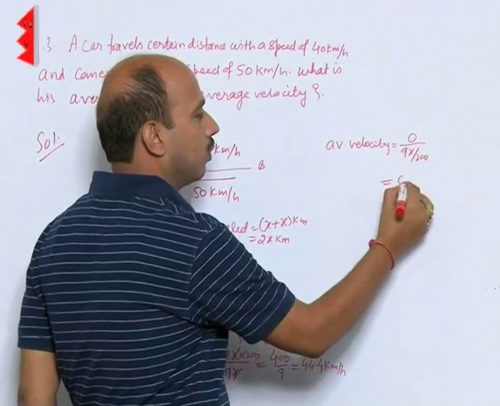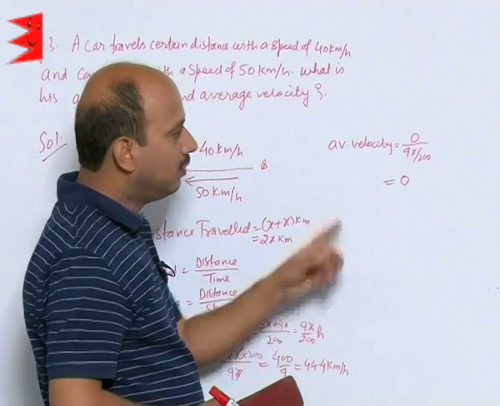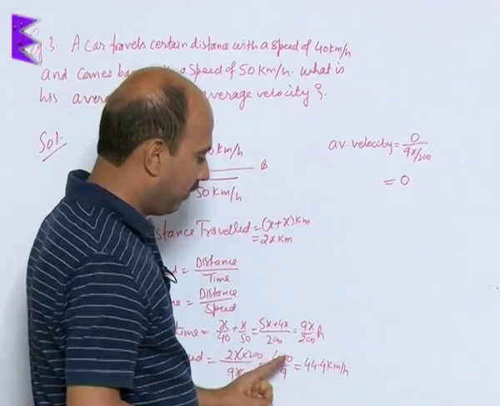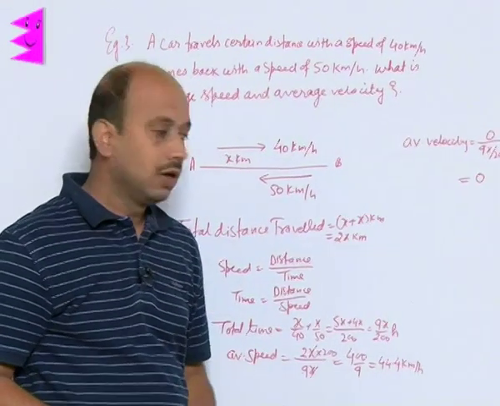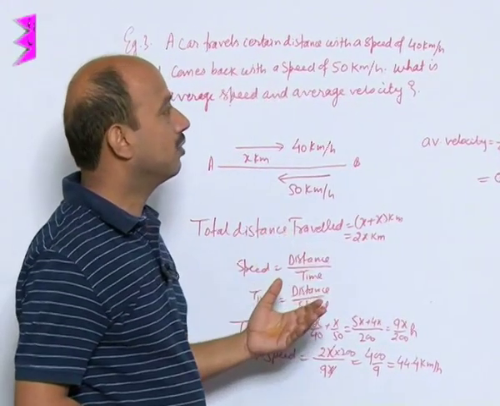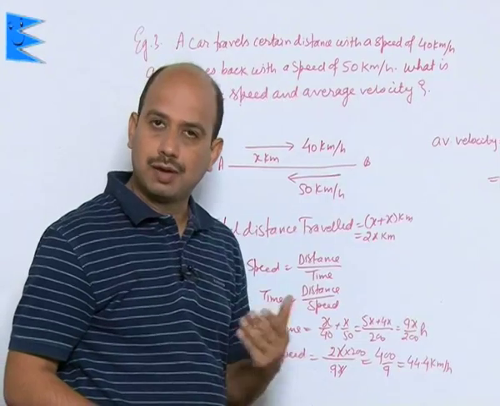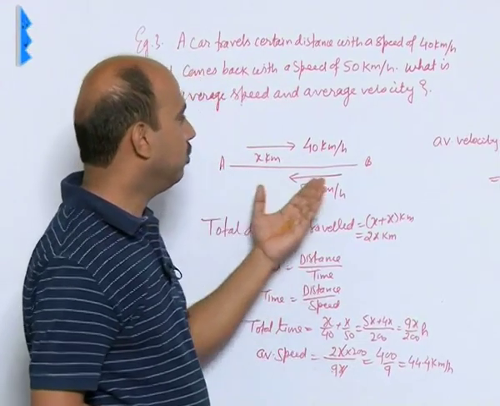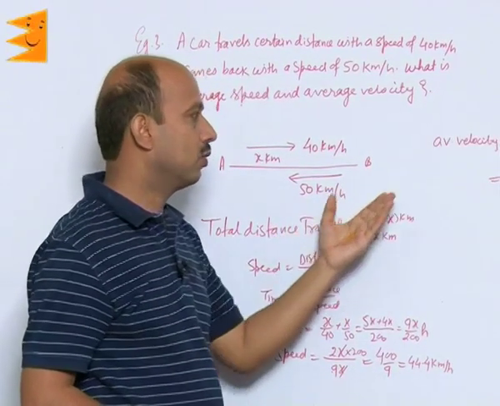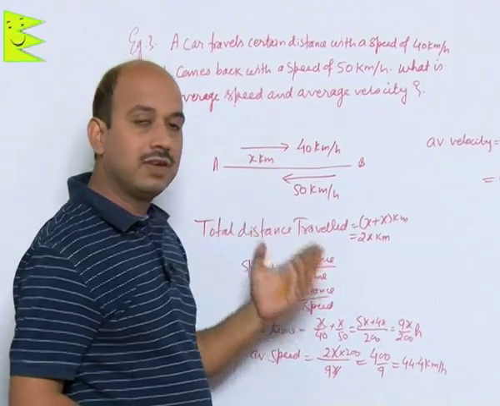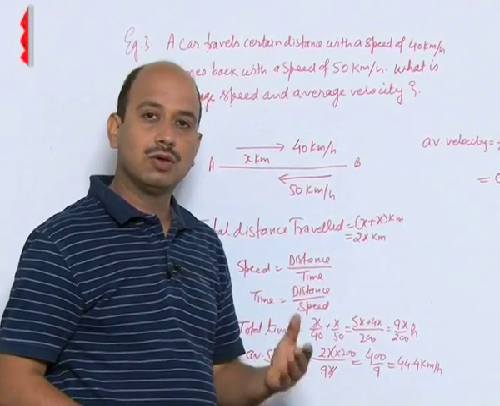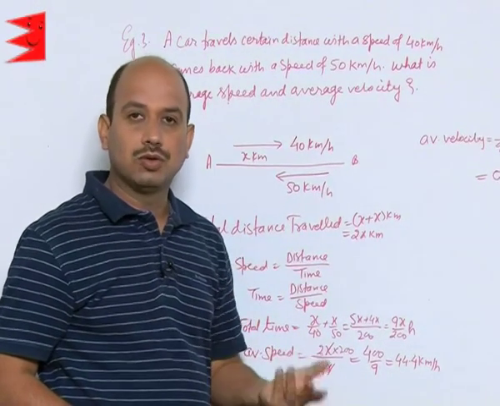So, that will be equal to 0. So, average velocity is 0, whereas average speed is 44.4 kilometer per hour. So, in this type of example where distance and time both are missing, you can assume distance and calculate all these things. So, these are the examples related to speed, average speed, velocity and average velocity.